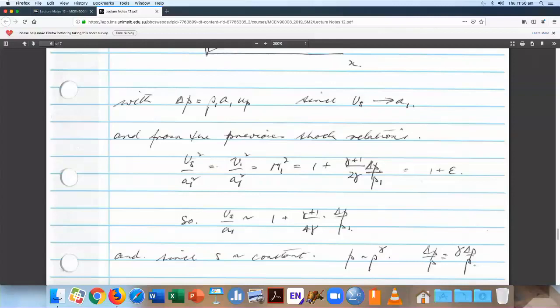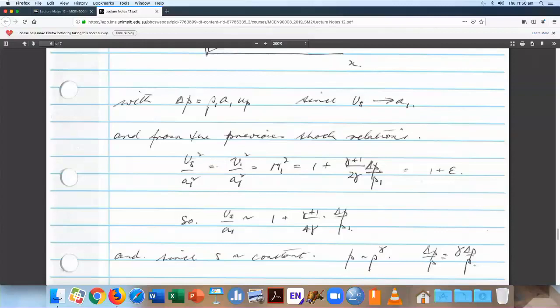And this was going to be equal to 1 plus epsilon. So this says that US over A1, taking the square root, if this is a very small quantity, is 1 plus gamma plus 1 over 4 gamma delta P over P1.